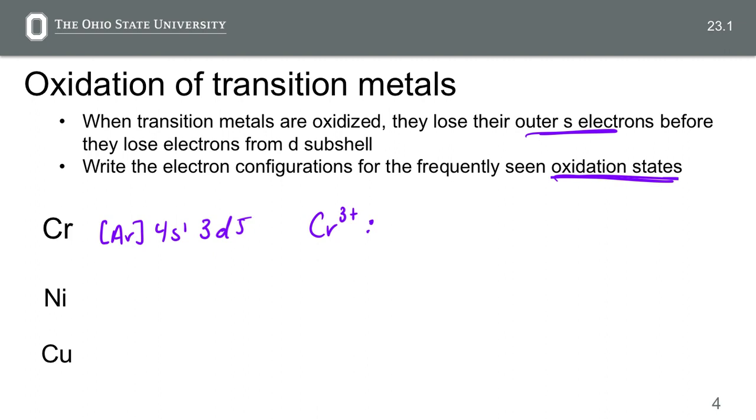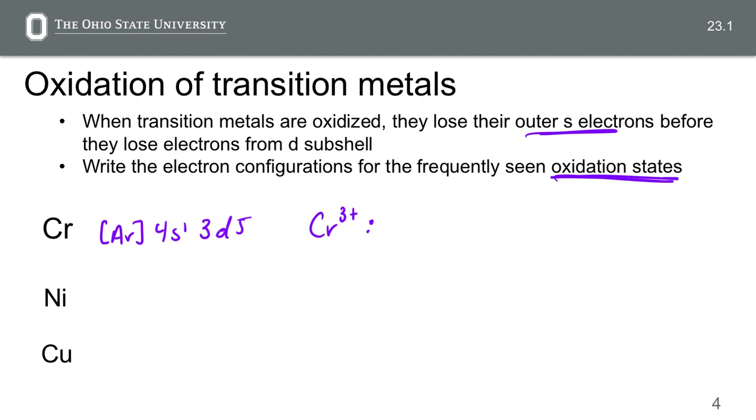So what we can do is write the electron configuration for that. When we have a 3+ oxidation state, that means it has lost 3 electrons from its original configuration. So the chromium 3+ electron configuration will have 3 fewer electrons than chromium.